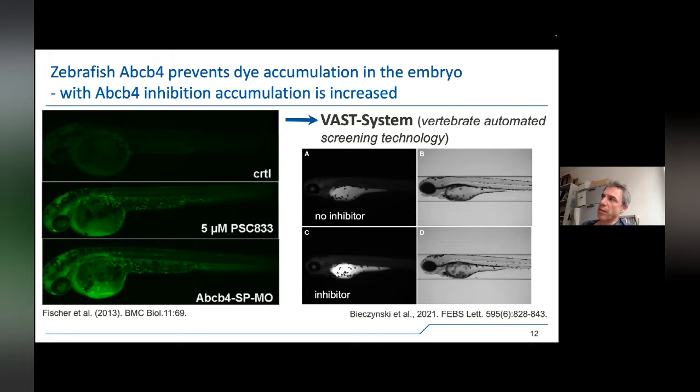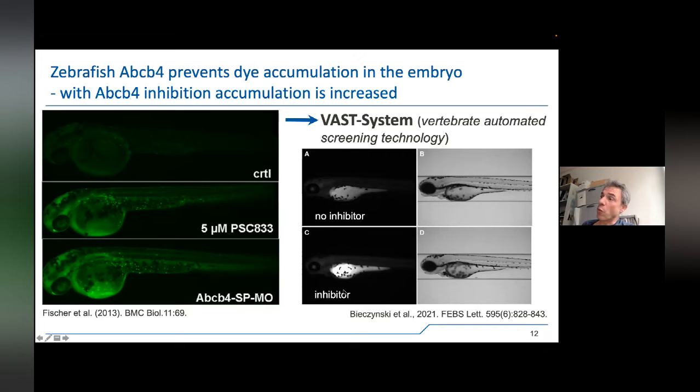It drags the embryo into a capillary and positions it in front of a lens of a microscope, and then fluorescence photographs can be taken from the embryo. And as you can see here, when you don't add any inhibitor, the embryo is quite dim.